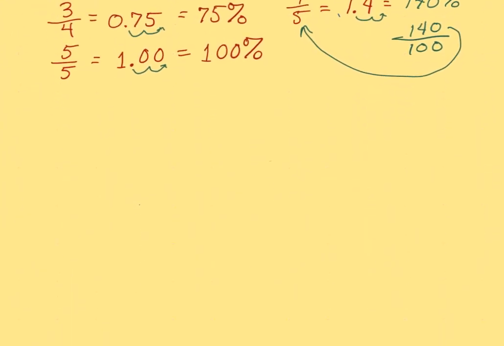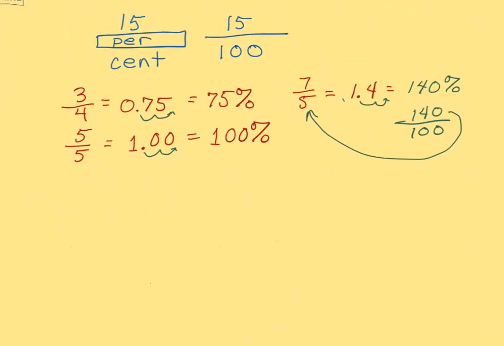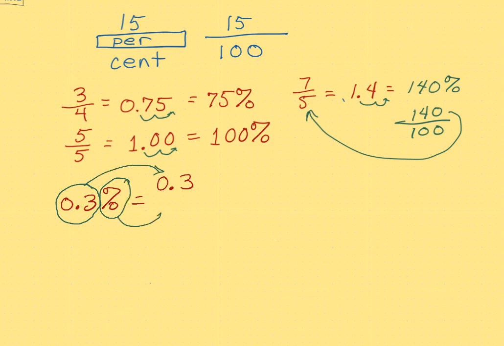Can you have less than 1%? Of course you can. Just as you can work from percentages to decimals or fractions. So let's look at 0.3%. When you do this, whatever the number is, even if it's a decimal, that is what you will write in the numerator, 0.3, and the percent is here, as in per cent.